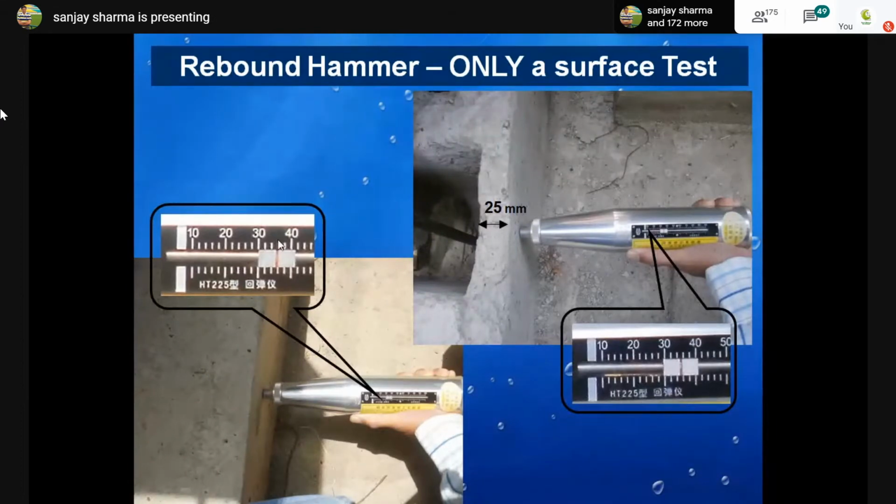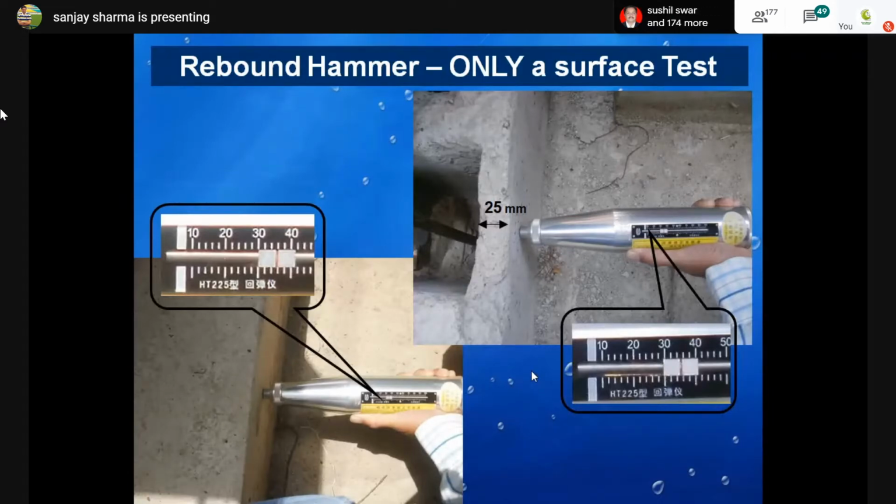This is the rebound number which we read on that particular hammer, and that rebound number is correlated directly with the strength. There is a ready-to-use graph. If the concrete is not very old, it is a new construction, we can use the manufacturer's graph. But if it is an old structure, then we have to calibrate our own graph.